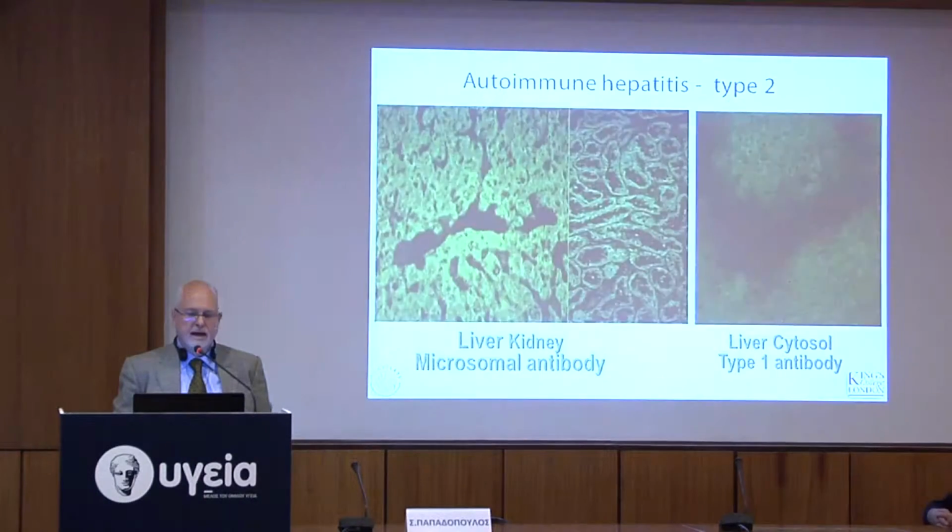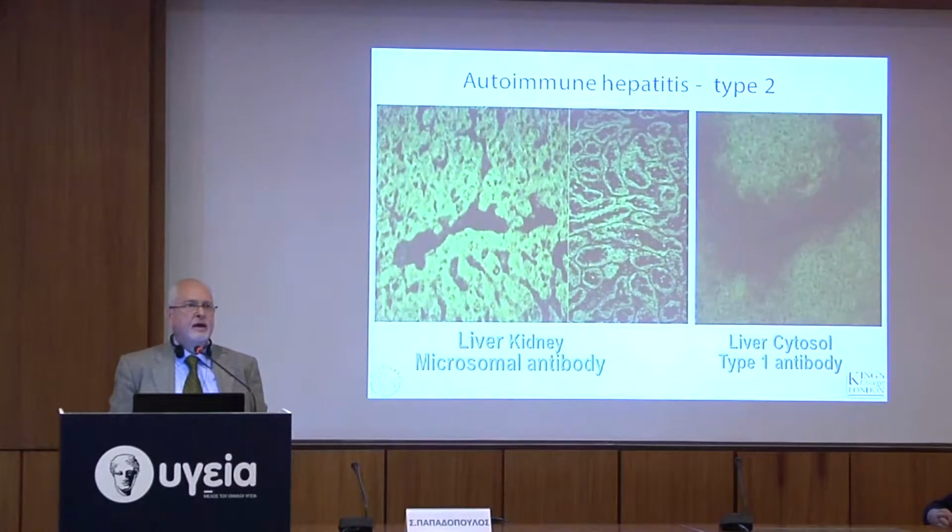type 1 autoimmune hepatitis. In type 2 autoimmune hepatitis, you have the autoantibody that you see on the left, liver kidney microsomal antibody, or the one that you see on the right, liver cytosol type 1, or frequently both of them together, autoimmune hepatitis type 2. So the 2 types of autoimmune hepatitis are defined by the immunoserology, by what you find in the blood as far as autoantibodies are concerned.